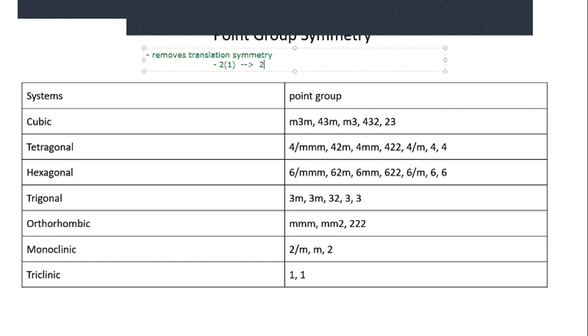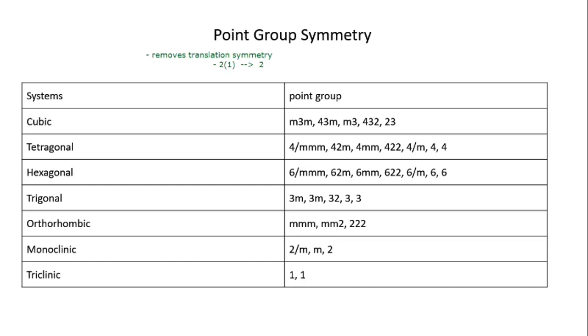symmetry. And so as you can see here, and this is a very important chart, and I'll post this updated chart on Blackboard, but for cubic, you have 5 different point groups. And within these point groups, you would have different space groups that could fall into these groups.